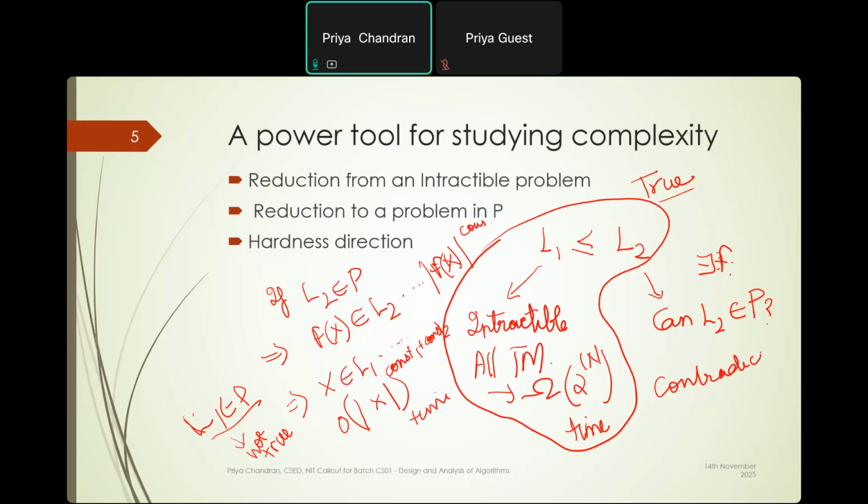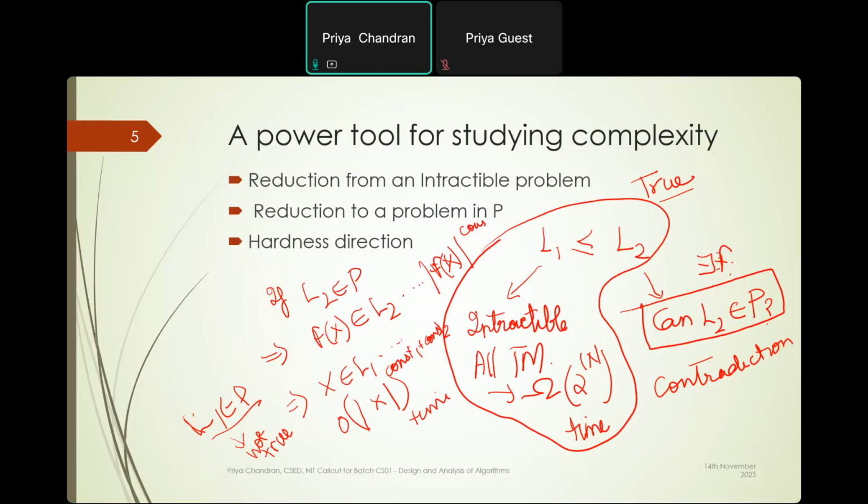So because we have reached a contradiction, it means that L2 cannot belong to P, right? Because L1 is polynomial time reducible to L2 is true, and L1 is intractable is also true. Under the assumption that both these are true, we cannot possibly have anything other than L2 is also intractable. That is, L2 cannot belong to P. So that is what we can infer in this case.